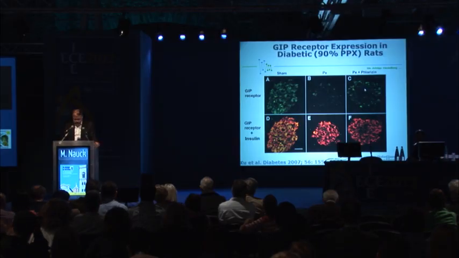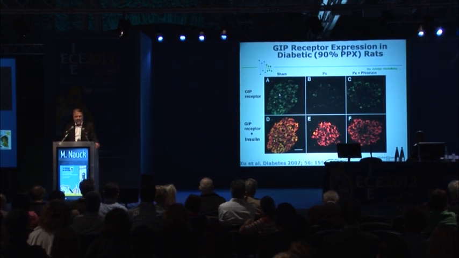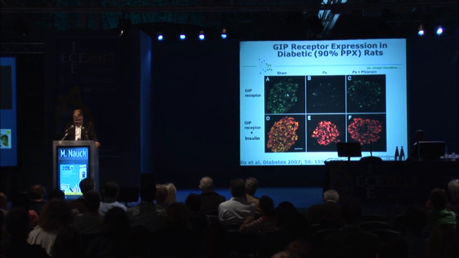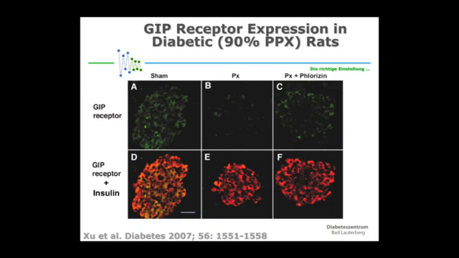If you do the same pancreatectomy and lower glucose by fluorescein, so it's an SGLT2 inhibitor that you can use in animals but not in humans due to side effects, but in animals you can do it. So with a reduced glucose level, there is at least a partial normalization compared to what you see in healthy subjects. And you also see that the GIP receptor and insulin are co-localized, so we are talking about GIP receptors on beta cells in these experiments.